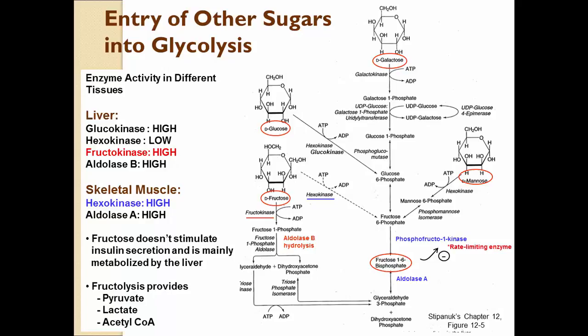So more glyceraldehyde 3-phosphate enters the second stage and generates more pyruvate, the product of glycolysis, right? Does that make sense? Any questions about this?